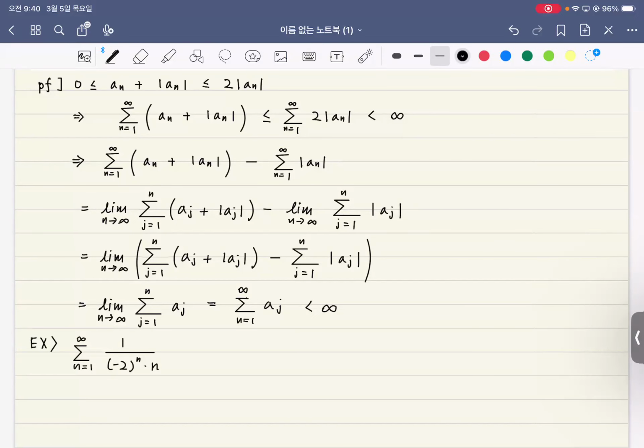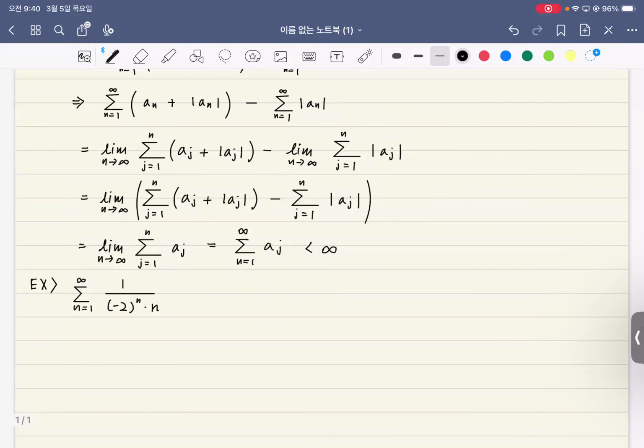But however, I can prove that this series is also convergent. Why? Because let's take the absolute values inside of this summation. Minus 2 to the n times n, from n equals 1 to infinity.